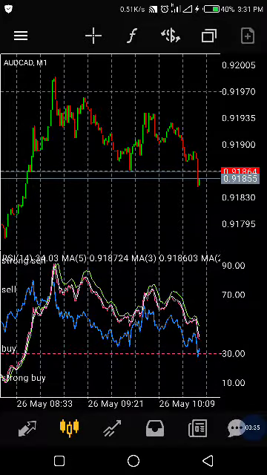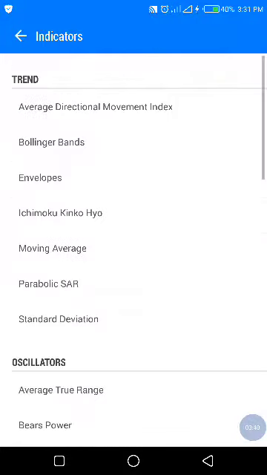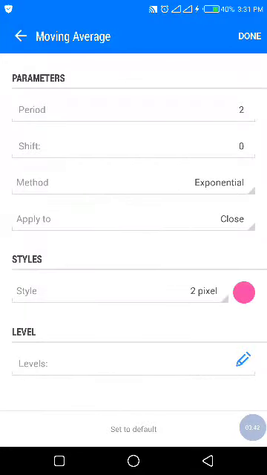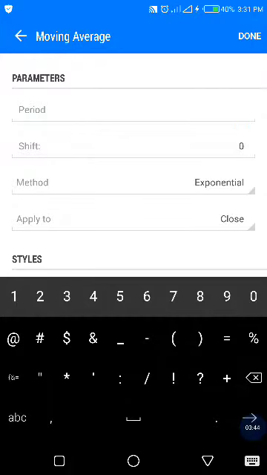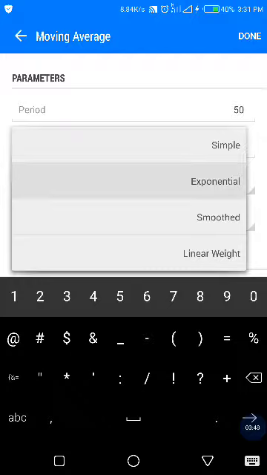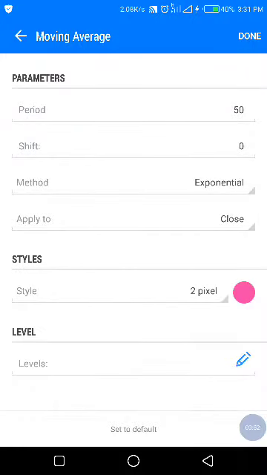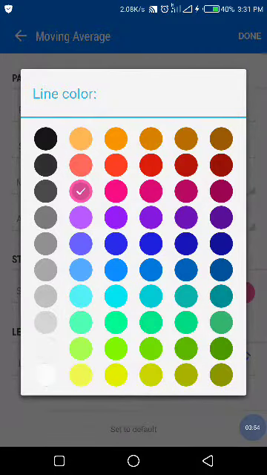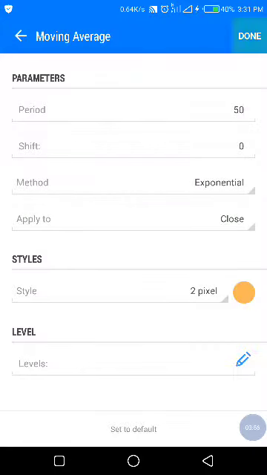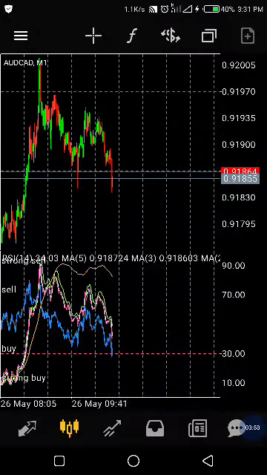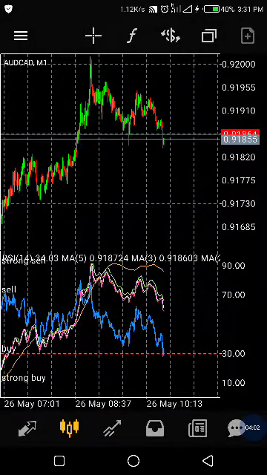Then we'll pick the last moving average, which is the moving average 50. Then apply exponential, apply to close, then choose a color, let's say orange. Done. So this is how this new strategy's indicators look like.